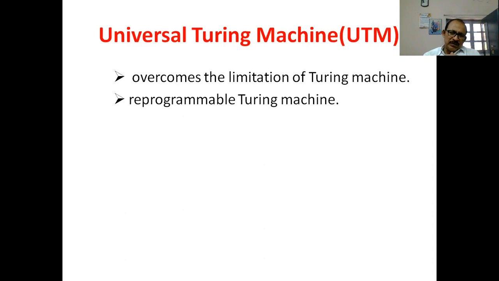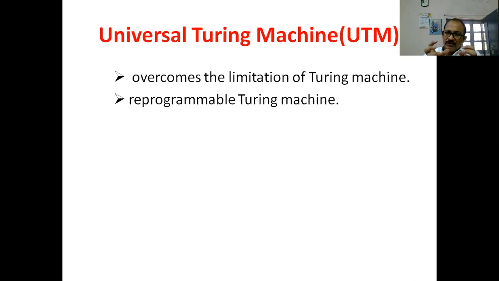In a digital computer, we can modify the programs, and depending on the programs, it can perform the operations. In the same way, we can modify the Turing machine to perform different operations. So the Universal Turing machine is a reprogrammable Turing machine.